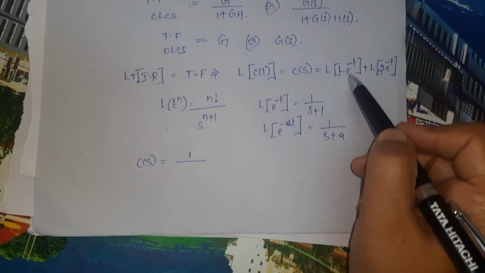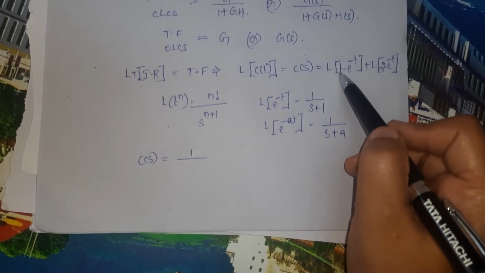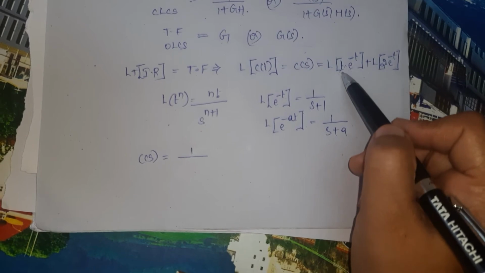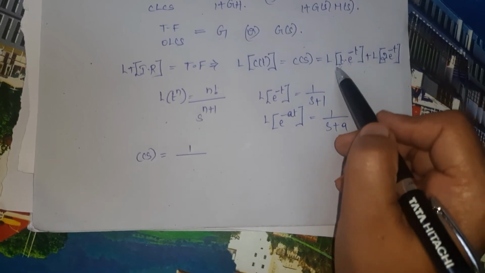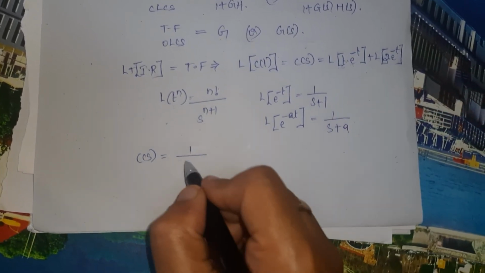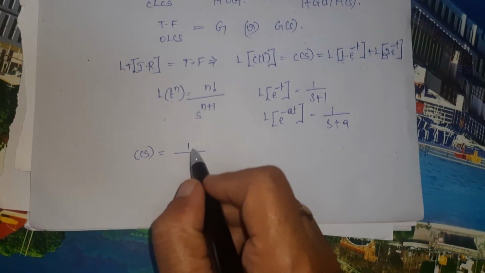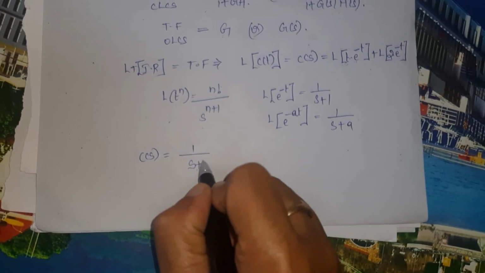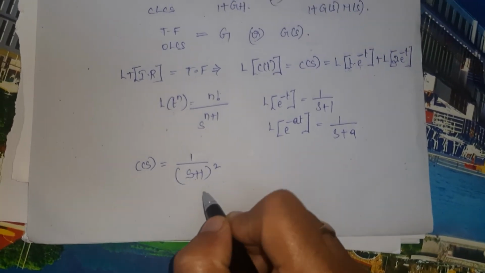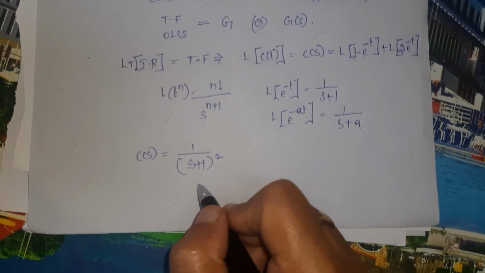This is secondary. After writing the Laplace transformation, we have to substitute. So here the Laplace transform of t will give 1 by s square. Instead of s, what do you have to write? s plus 1. It is 1 by s plus 1 whole square.